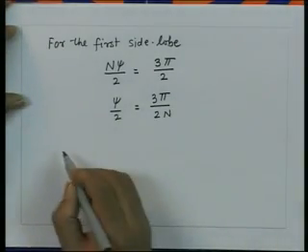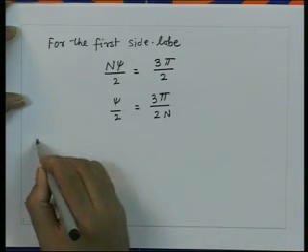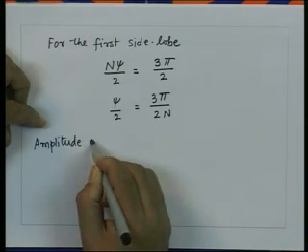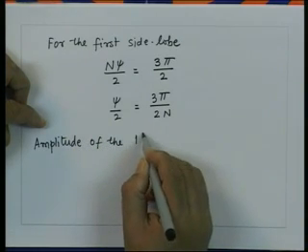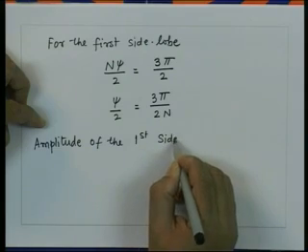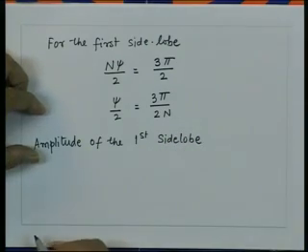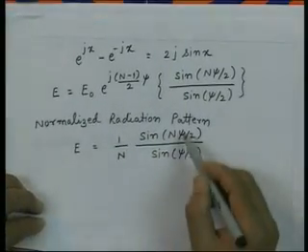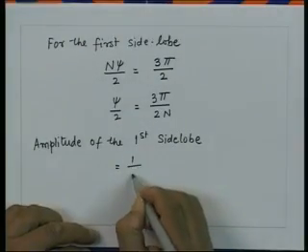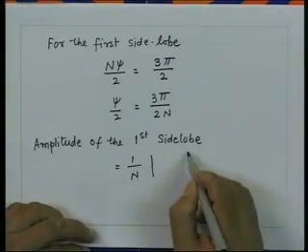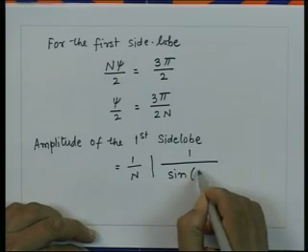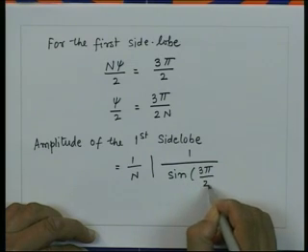So, the amplitude of the first side lobe will be equal to, if I substitute psi by 2 equal to 3 pi upon 2n, that will be equal to 1 upon n, mod of 1 upon sine of 3 pi upon 2n.